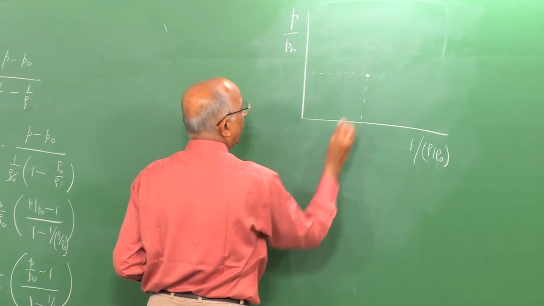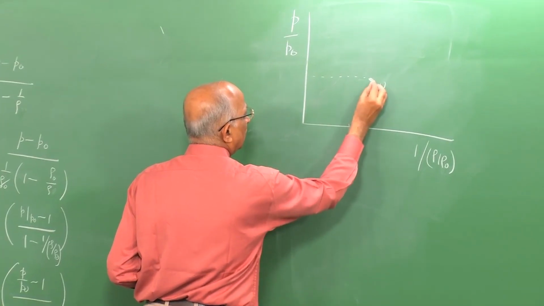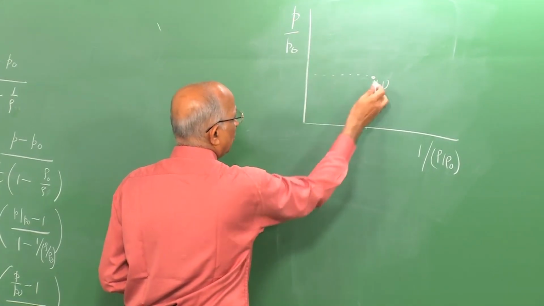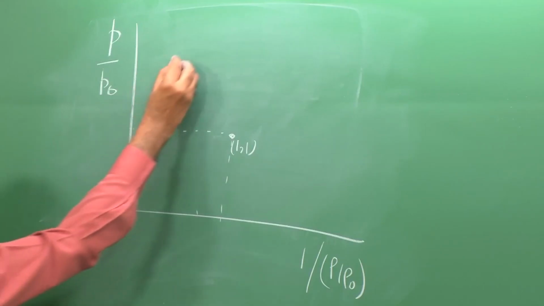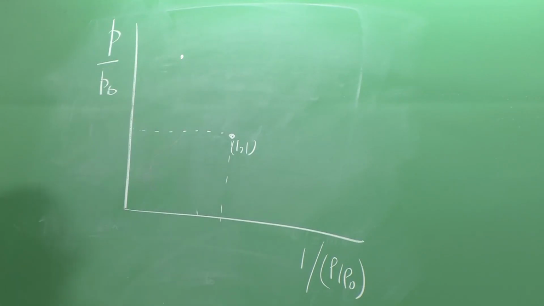Initial point, this is 1 into 1, because pressure is P 0 by P 0 is 1, rho by rho 0 is 1, and let us say that the final point is somewhere over here.